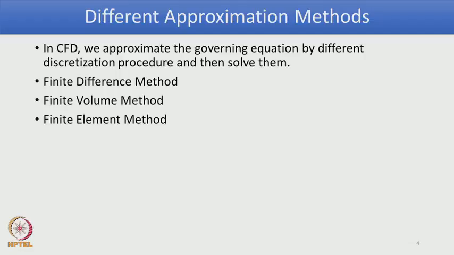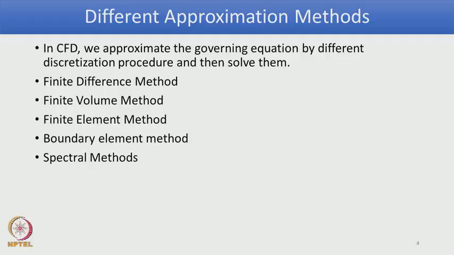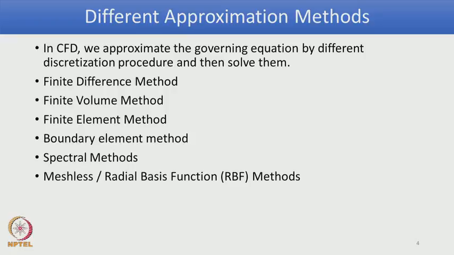These are 3 approximation methods commonly used, but there are also special methods available for special situations: boundary element method, spectral method, and there is another class of approach known as meshless method. One of them, for example, is the radial basis function method. There is also something called smoothed particle hydrodynamics, SPH methods.